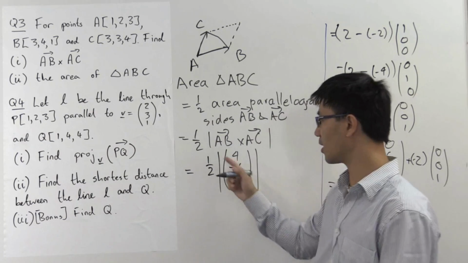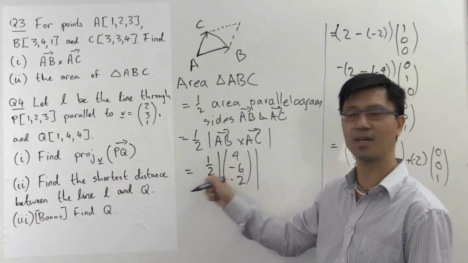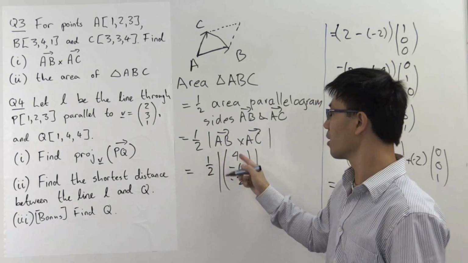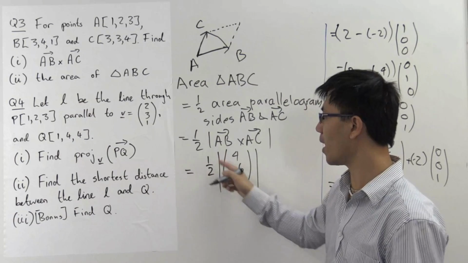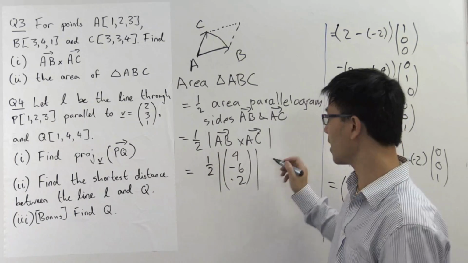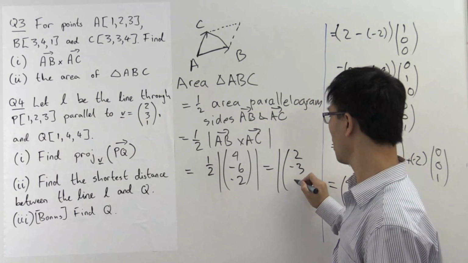And I don't have a calculator with me here, so it's a little bit harder to work out. So I'll just slip the half inside. Remember, if you scale a vector by a scalar, it changes the length by that scale.